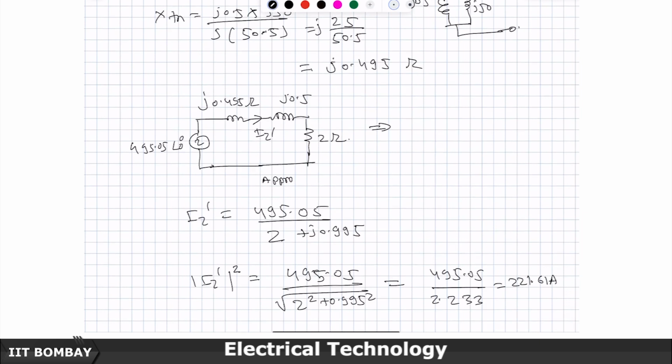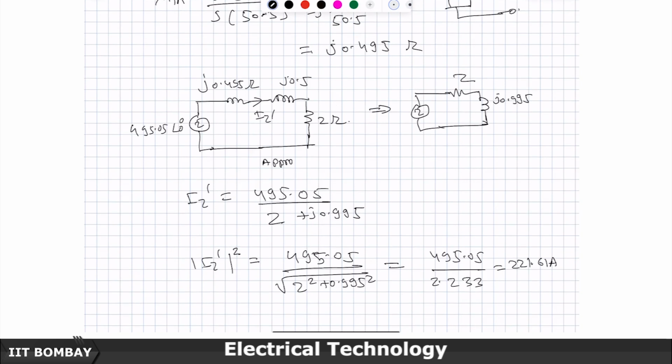This we have already written down as 2 ohms and j 0.995. So, tan phi is x by r, which is 0.995 by 2.